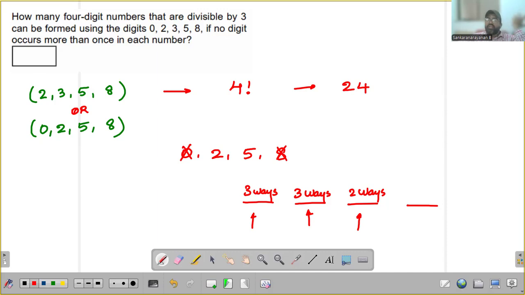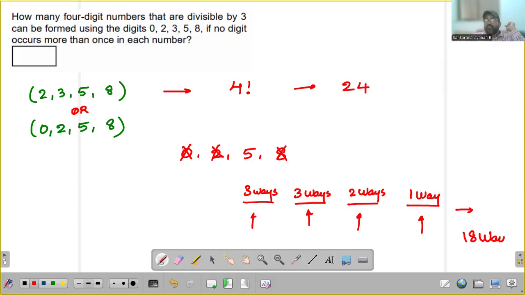And suppose I use 2, the units position has only 5 remaining, so I can fill it in 1 way. So the number of ways I can form a number divisible by 3 is 3 into 3, 9, 9 twos are 18. This can happen altogether in 18 ways.